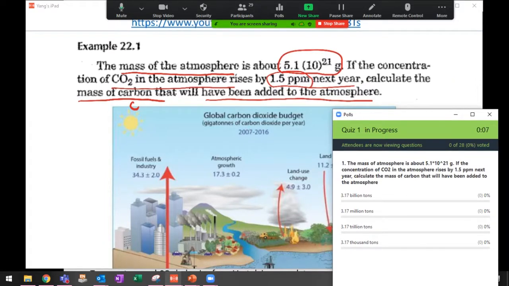Okay, so you have 5 minutes to calculate the answer. And the answer is not related to this figure down here, okay? So this is not related to that.